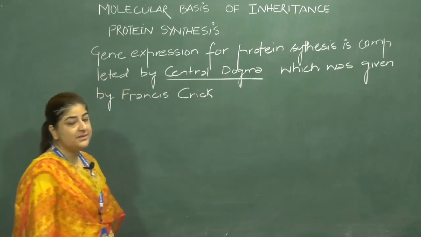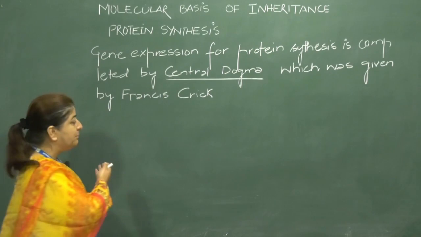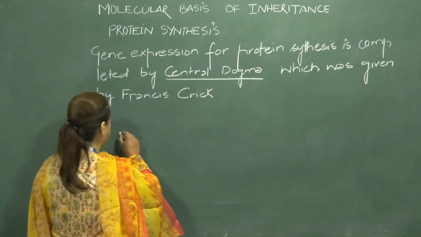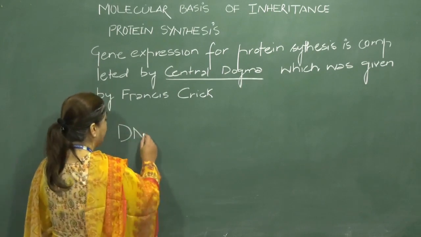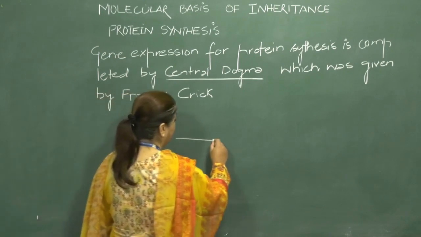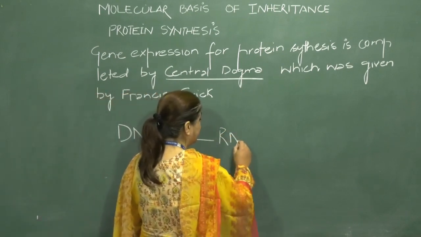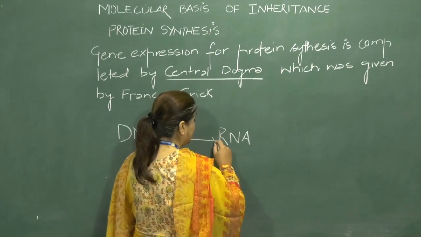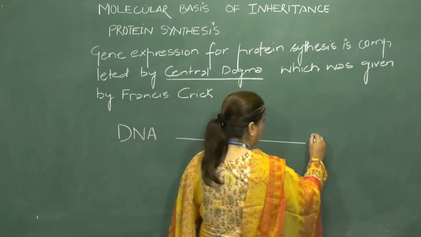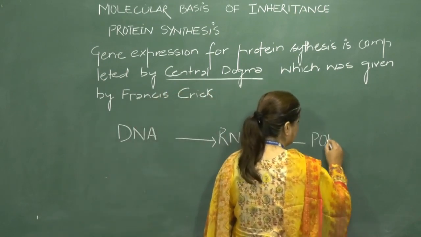Now when we talk about the central dogma, if we give it in a pictorial representation, central dogma is basically from DNA, RNA is being synthesized, and from RNA a polypeptide is being synthesized.